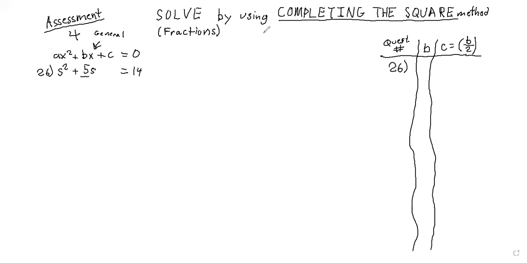So completing the square is simply adding the missing value of c to the equation. This is the c term in the general equation, ax squared plus bx plus c.